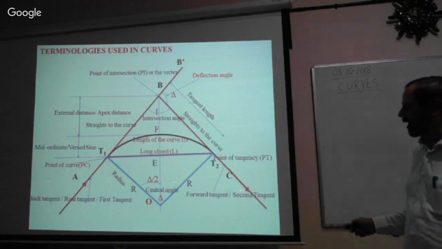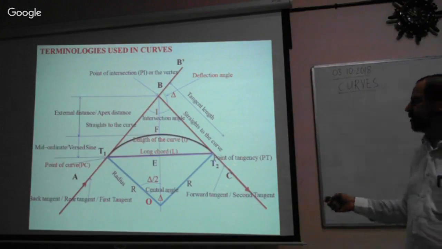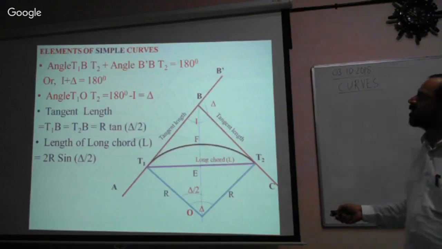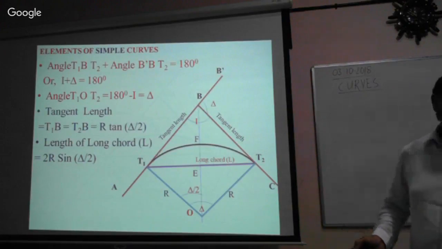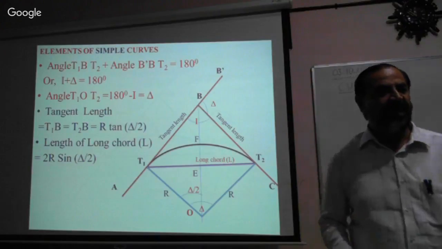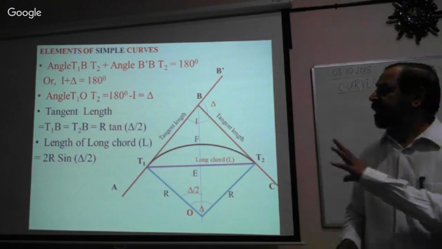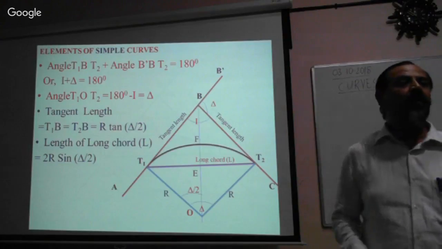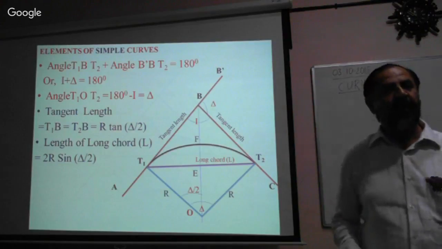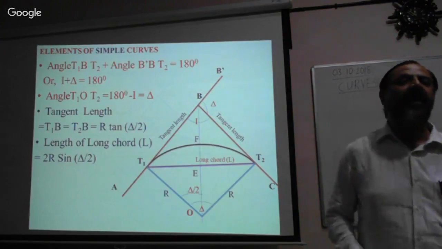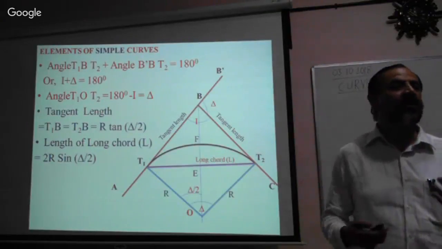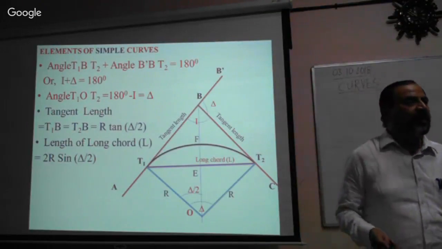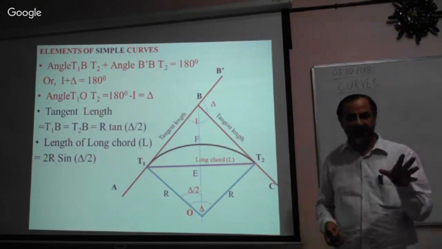All these things are written here for more information. And similarly, this is most important, the analysis of the curve. One should know about it. If you know these things, we can handle any kind of curve and solve any kind of problems. Therefore, first let us understand this.